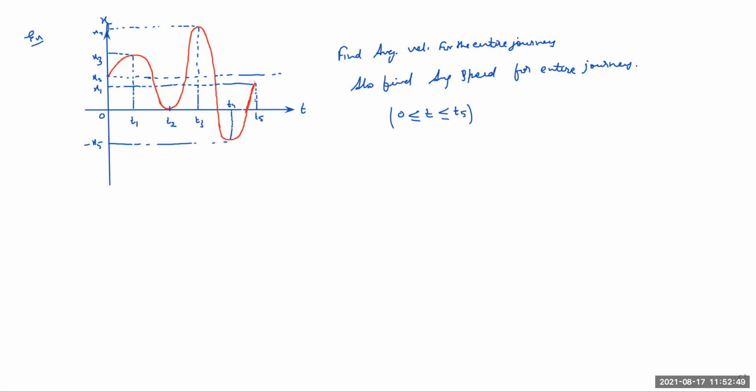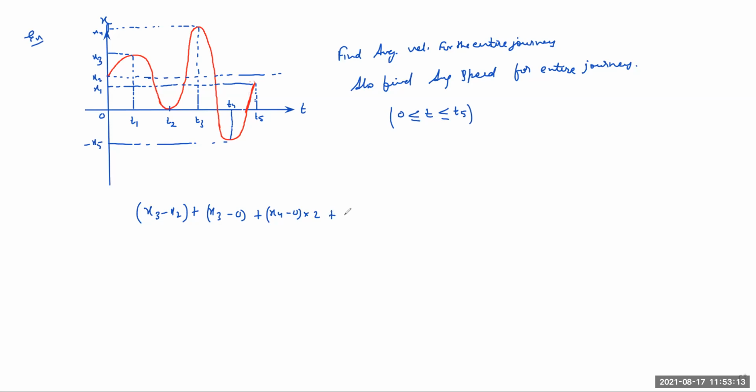Okay, so it seems like that should be correct, I will just confirm. So it is x3 minus x2 for the first part, and then it is x3 minus 0, the other part. Like you turn back and come to origin, and then you go to x4 and come back to origin. So it's 2 times.